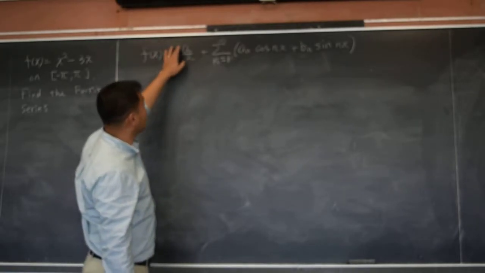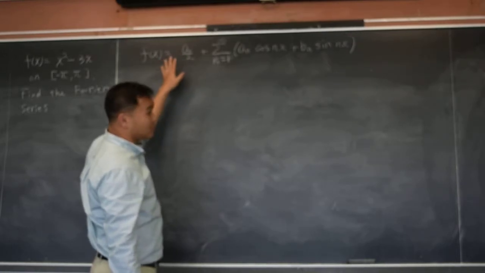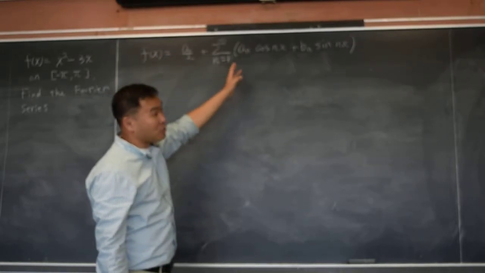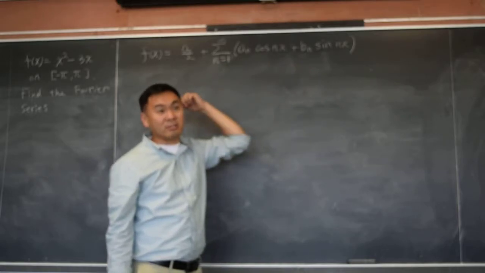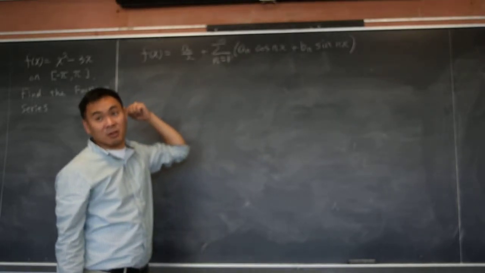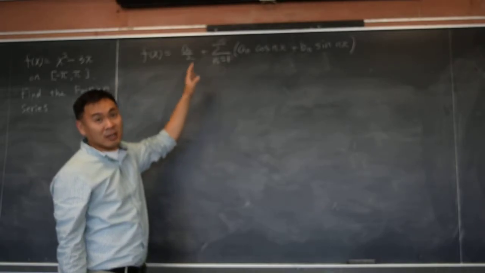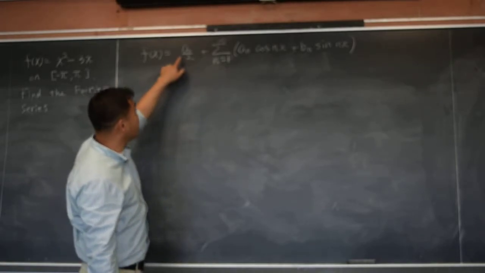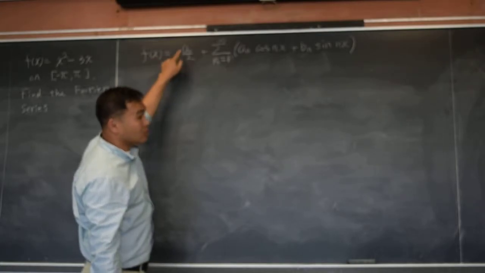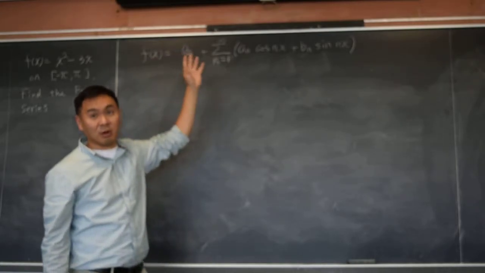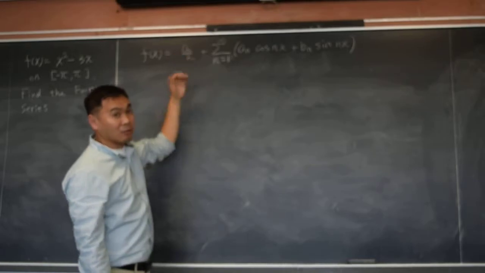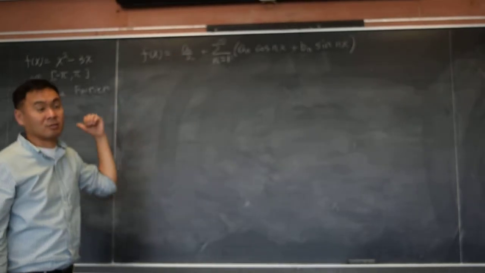If you put a0 over 2 here, then the formula for a0 looks exactly like the formula for the other ones, and therefore it's easier to remember the formula for getting these constants. In different books, they have different formulas. The one that I go with is a0 over 2, which I like more, but I've seen some other books where they have a0 by itself, but a0 is defined in a different way.